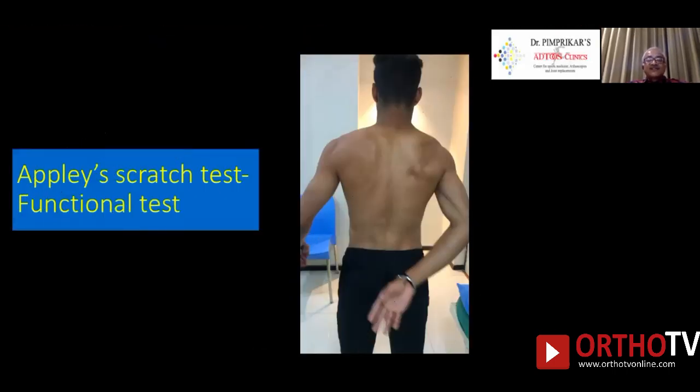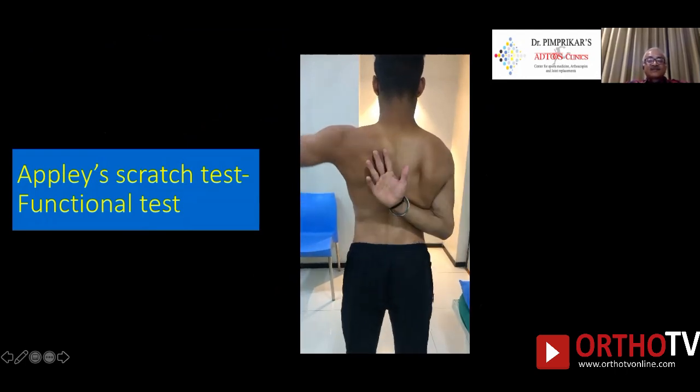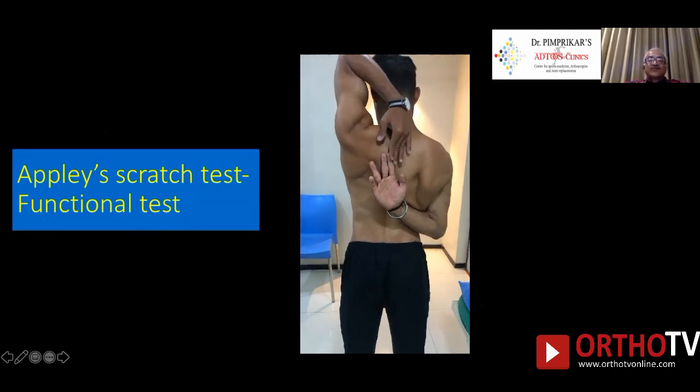This is another test which will probably tell you about the functional status of the shoulder, which talks about almost all the movements occurring at the shoulder joint along with the scapulothoracic, AC and SC joints. Apley's scratch test would give you a functional assessment of the shoulder. Here the patient moves the hands in this fashion to touch both the fingers to each other.